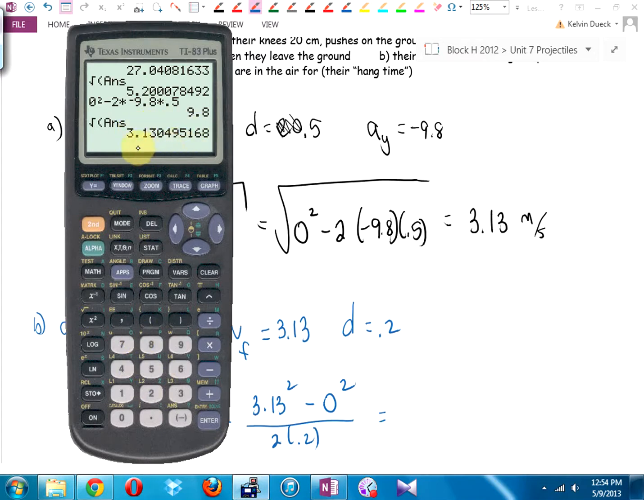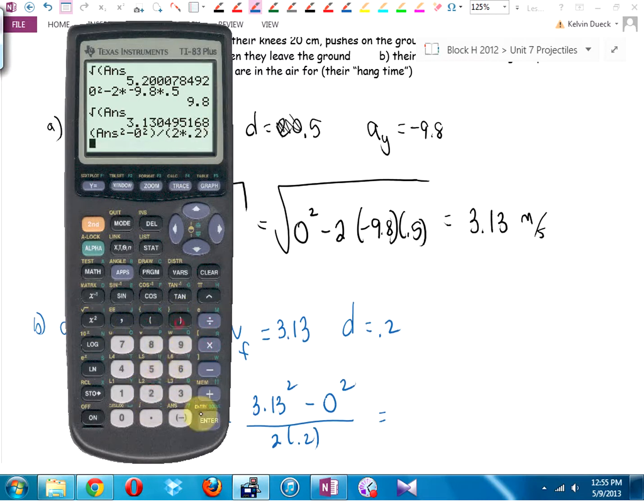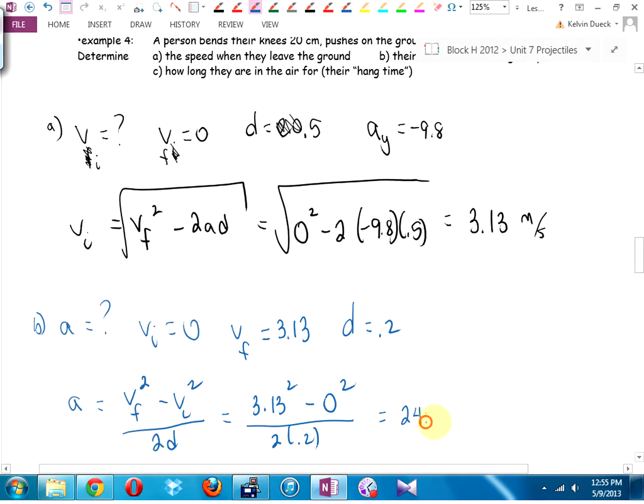I'm going to use this decimal value that I have stored on my calculator. So I'm going to go bracket answer squared minus 0 squared. Again, I didn't really need to put the squared, but I will. Divided by bracket 2 times 0.2. Oh, nice. 24.5 units. Meters per second squared.